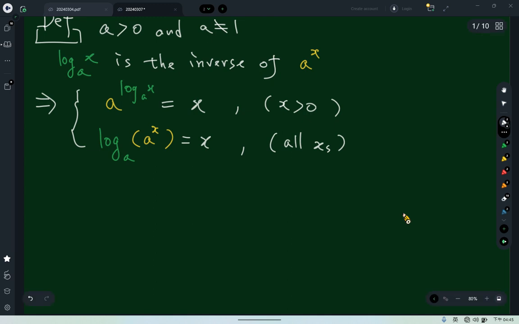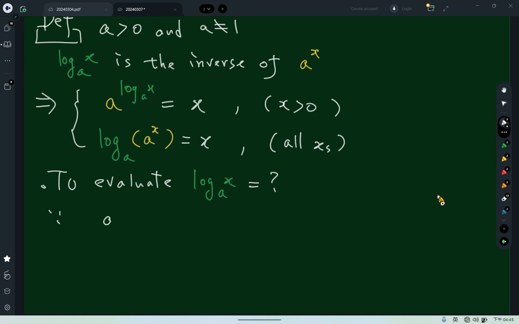So now we want to evaluate logarithm base a of x. Since a to the power of logarithm base a of x is x, right, the result comes directly from here.